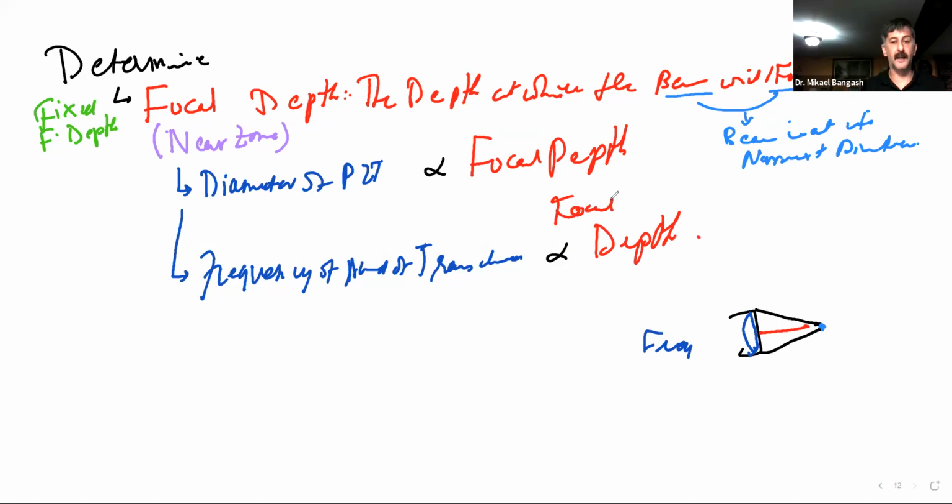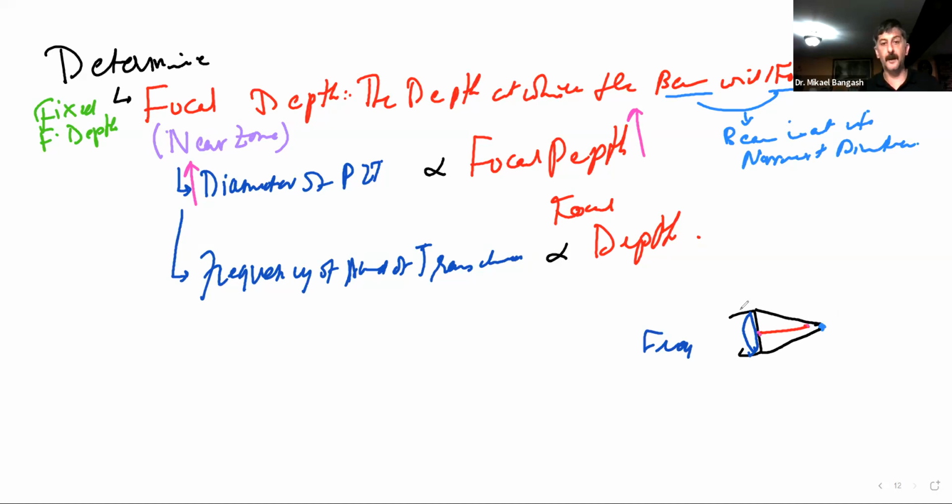When we say directly proportional, it means the greater the diameter of the PCT, the beam will focus at a greater depth, which means there will be a greater distance between the transducer and the point at which it focused.